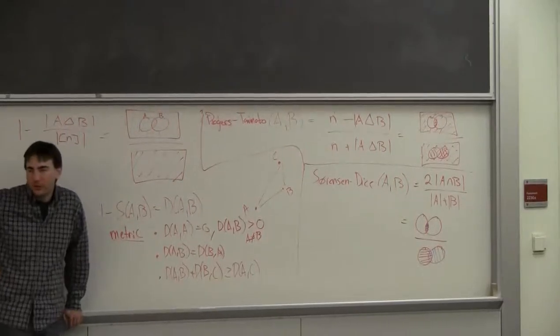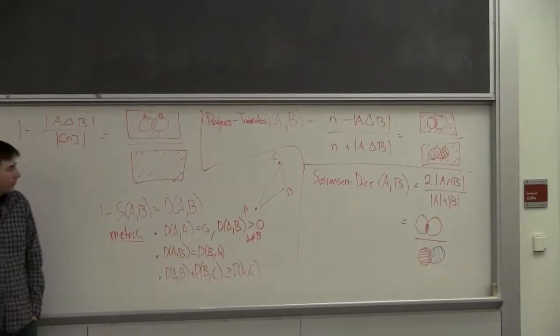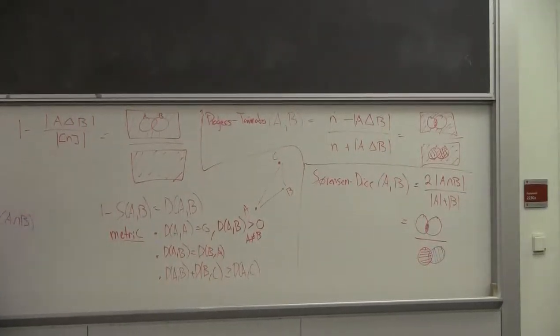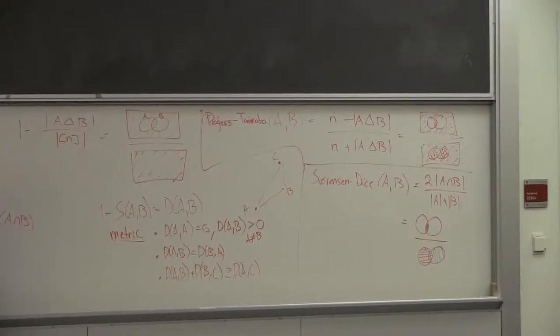Give me an example where this breaks. An example where the triangle inequality doesn't work for this one?